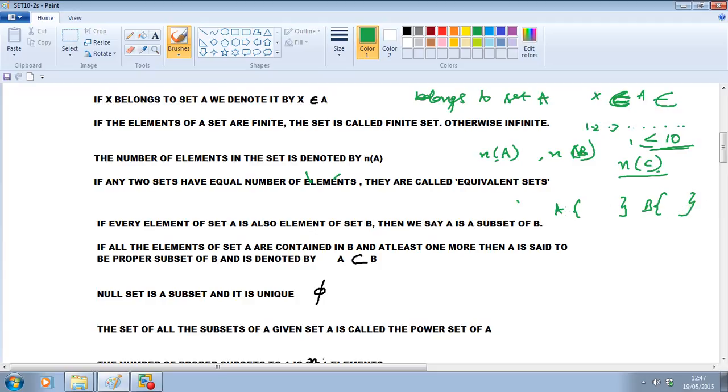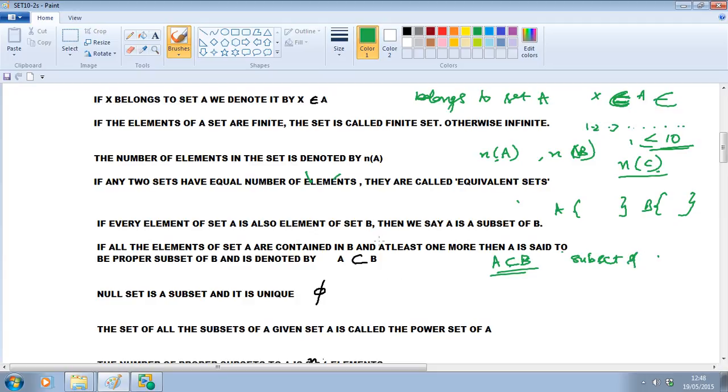So we say A is a subset of B. Given one set, we can form many subsets. We denote it with the notation ⊂, which means is a subset of.